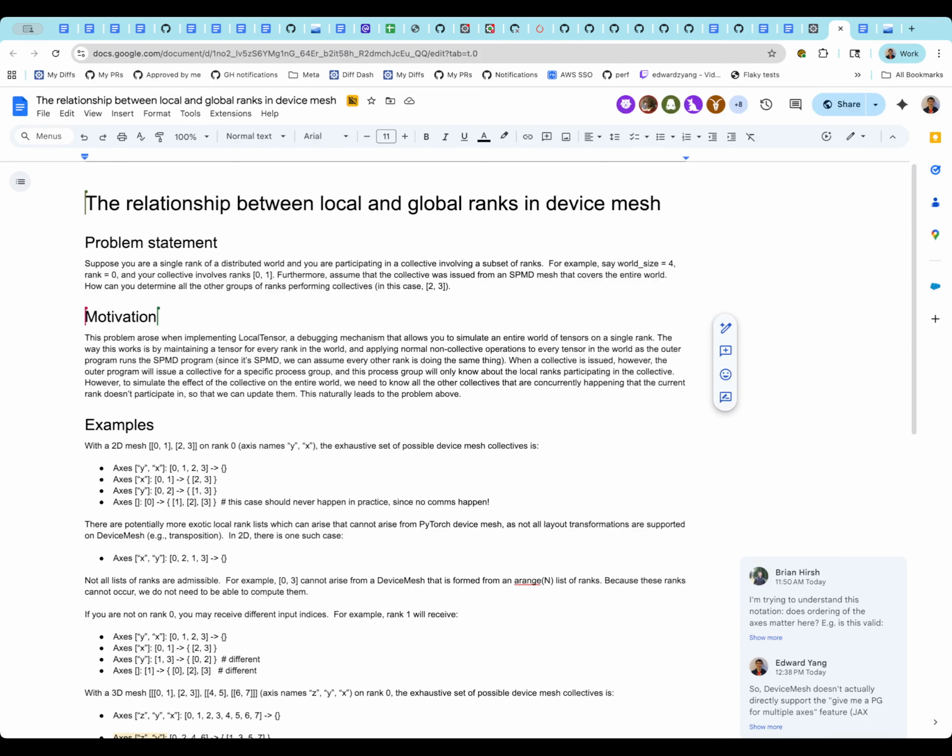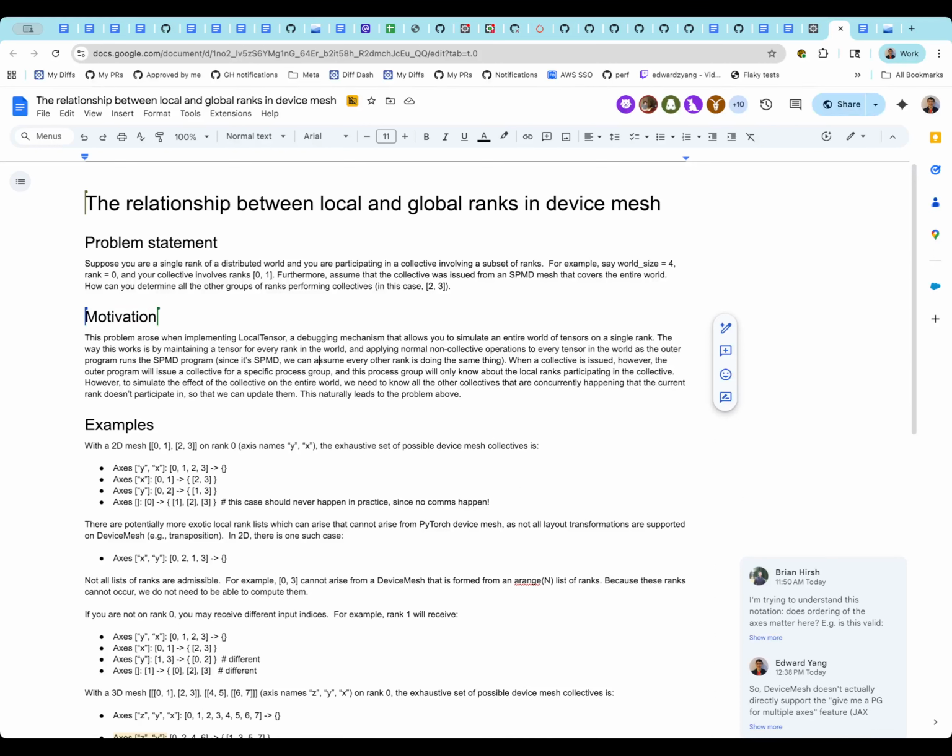If you're doing FSDP, your process group is going to be the entire world of all the GPUs that you're all-gathering the shards from. But if you're doing device mesh style computation, the set of ranks participating in a particular collective group may not cover the entire world. In fact, this is one of the reasons why we use device mesh: to reduce the number of nodes that are talking to each other at any given point in time.